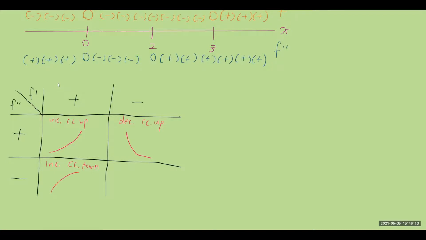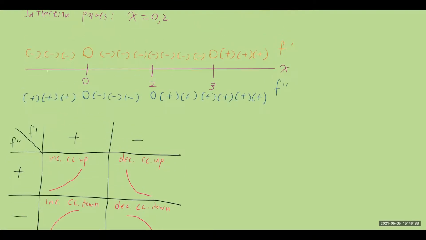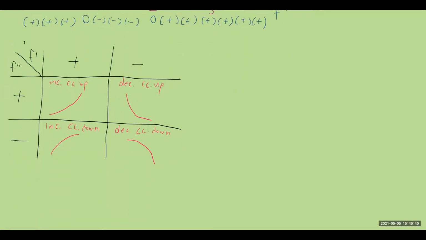And the last one, where both of them are negative, it's decreasing, concave down, right? That will look like this. So you can see that it depends on the sign of f prime and f double prime. We're going to see different types of graph. And what we're going to do is try to identify which graph fits in which interval.